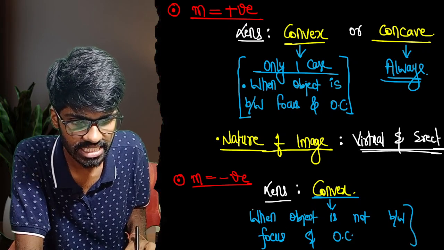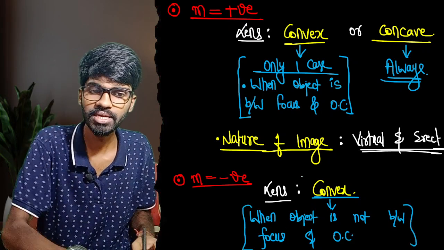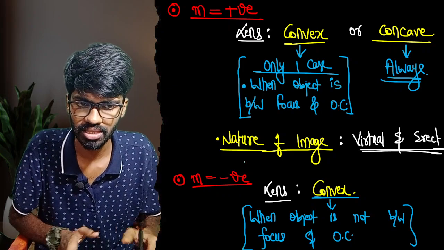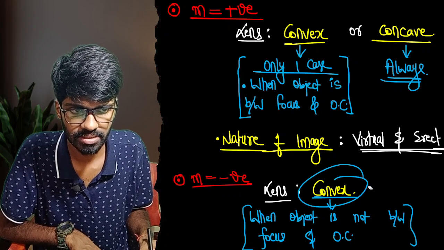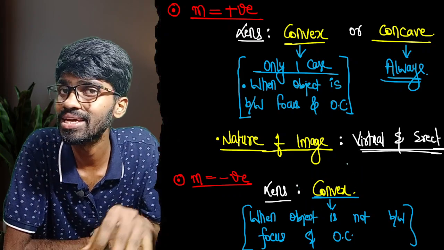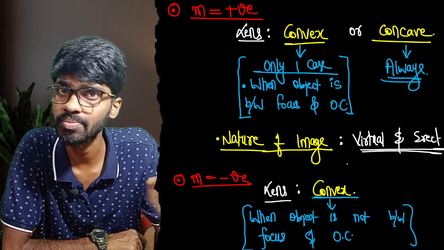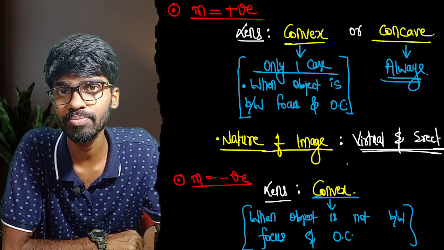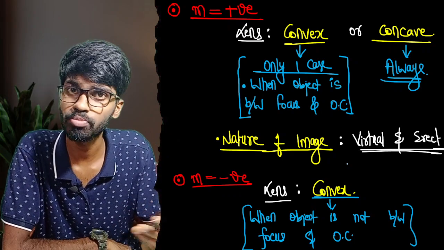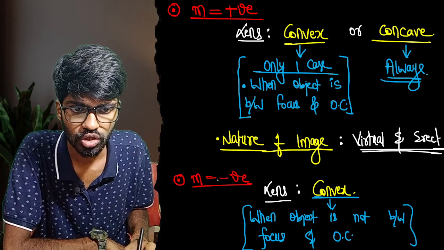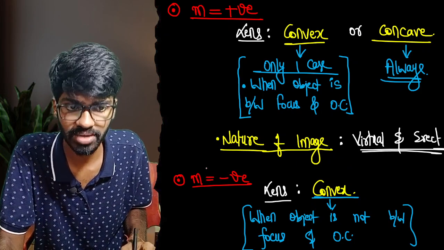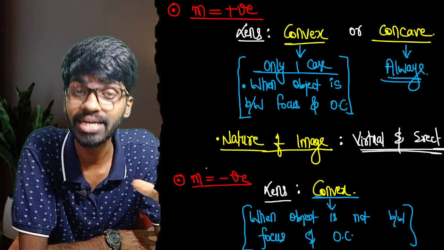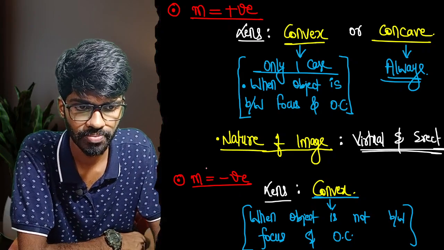All the cases except this one will be cases in which magnification is negative and the lens is convex. There is no scope for the lens to be concave with magnification negative, since concave always gives positive magnification, which we have already discussed. This is a very important conclusion we can draw.